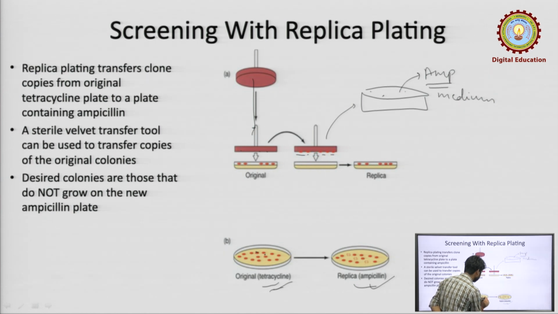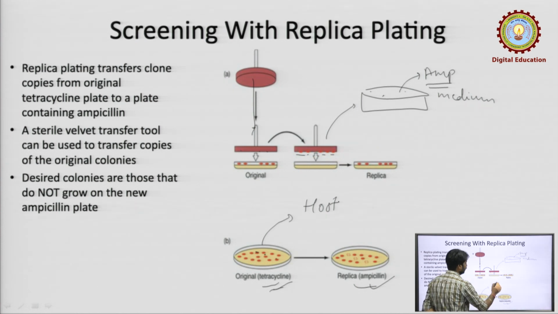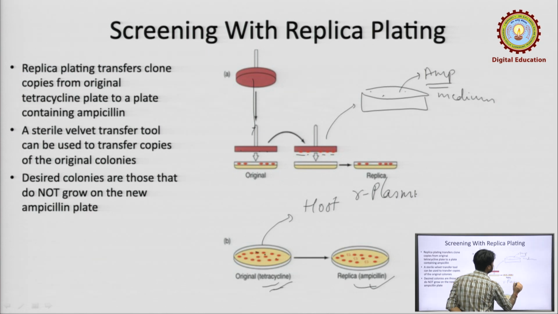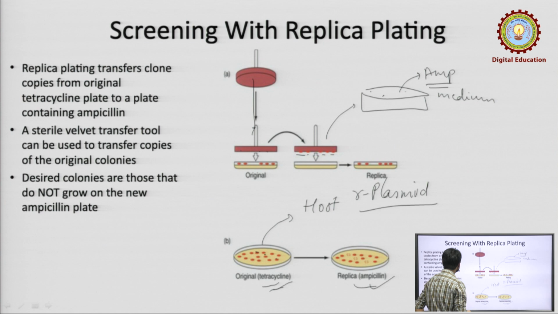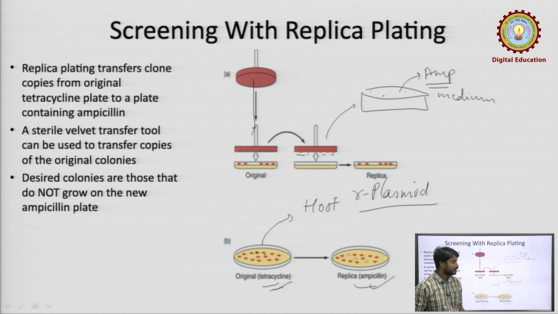These are the host cells which contain the recombinant plasmid. So this is how we screen the host cells which contain the recombinant plasmid.